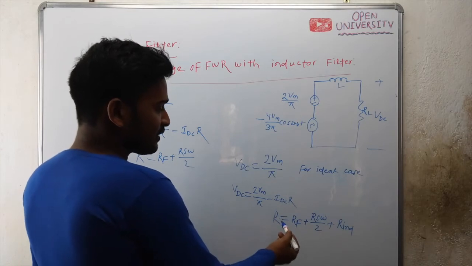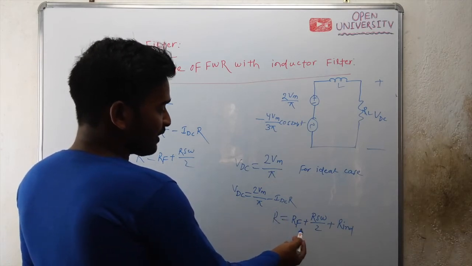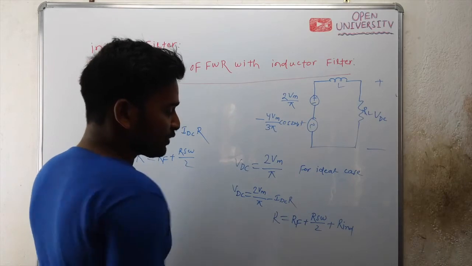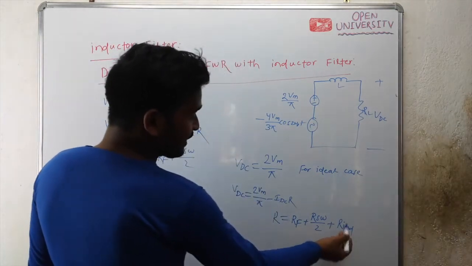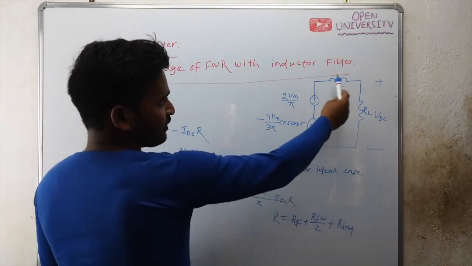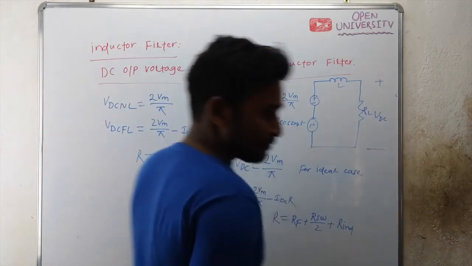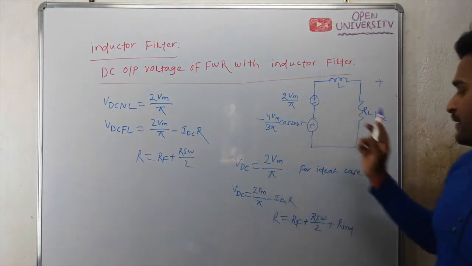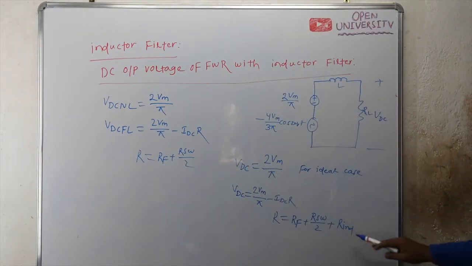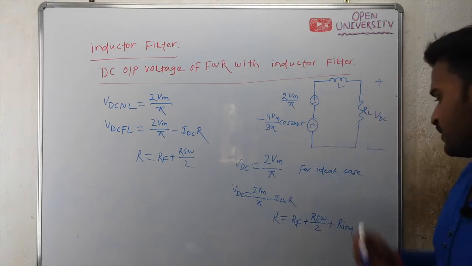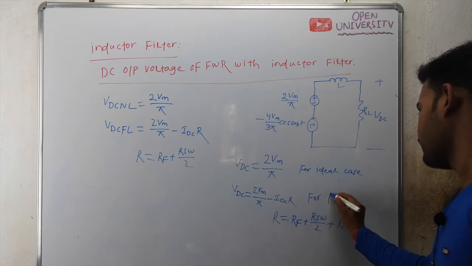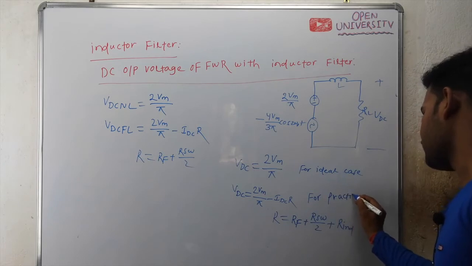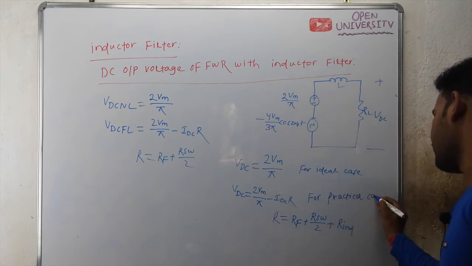Additionally, along with the RF and RSW by 2 terms, some R of inductor, the internal resistance of the inductor, will be there, because if the inductor has some internal resistance, then there will be some DC drop across the inductor. This is for the practical case.